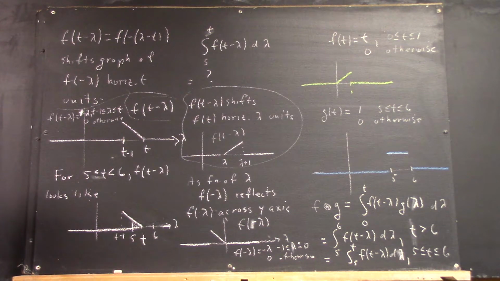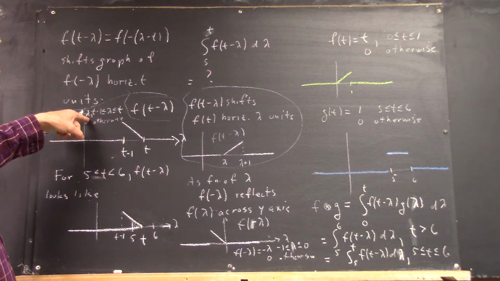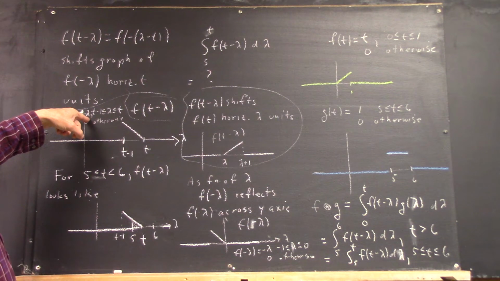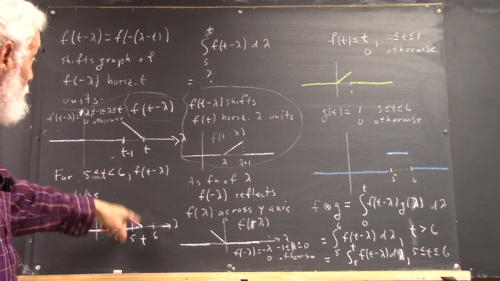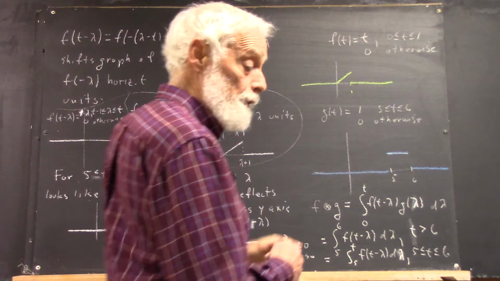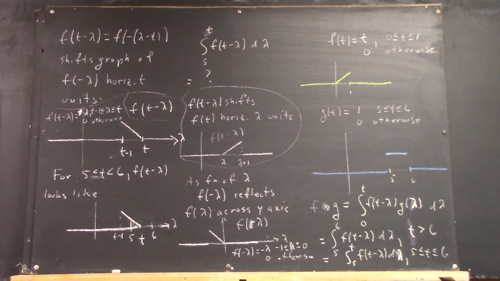But that integral then is the integral of t minus lambda from lambda equals 5 to lambda equals t. Okay? And that'll reconcile with this picture. So let's write out that integral and work it. And we'll get set up for that here.